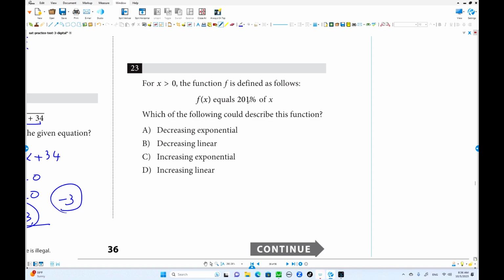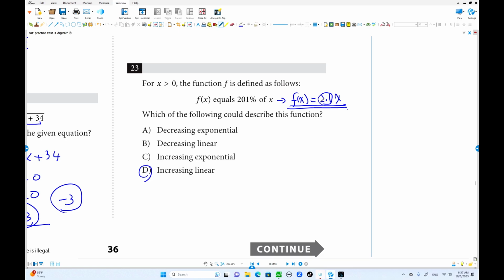The number 23. f of x equals 201% of x. That is translated as f of x equals 2.01 times x. That's the meaning, okay? So this is linear, right? Increasing linear, because this number is greater than 1. That is not exponential, okay?